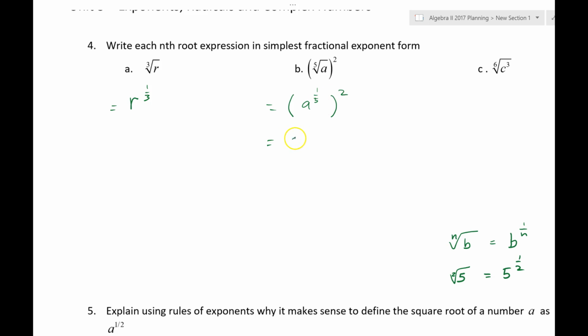Those will multiply. So we have a to the 1/5 times 2. 1/5 times 2 is the same as 1/5 times 2 over 1, which will simplify to a to the 2/5.